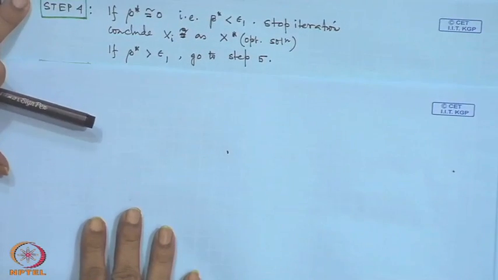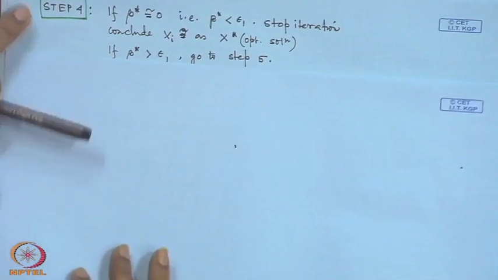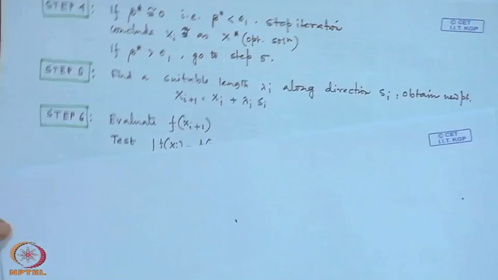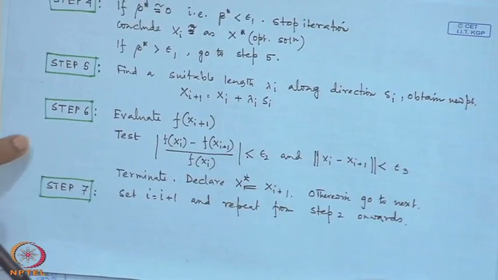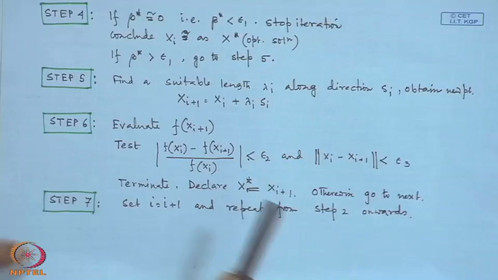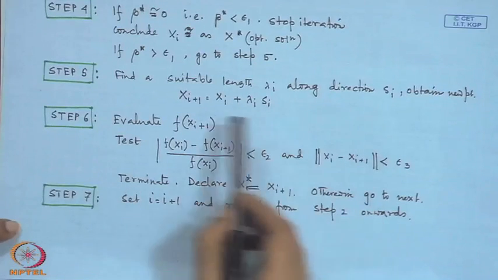If it is not so, then we need to go to the next step, because we have to find lambda i and Si in such a way that we can move to the next point xi plus 1, and we will do the process.